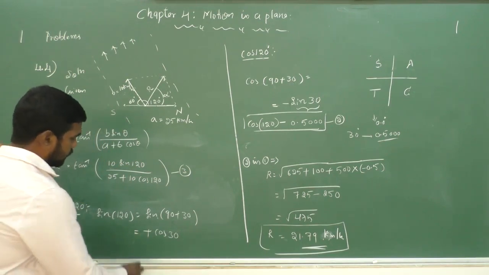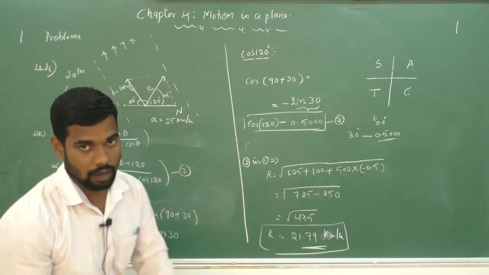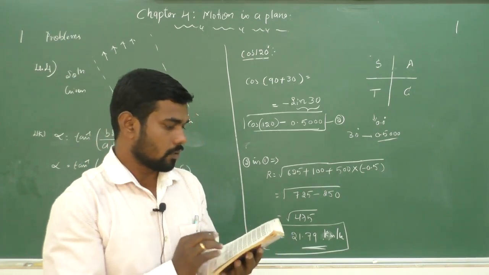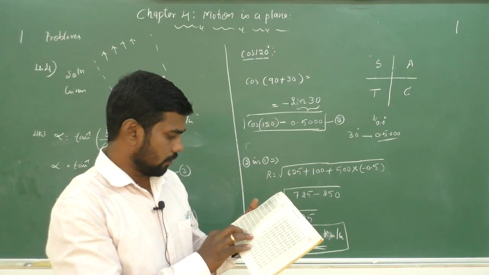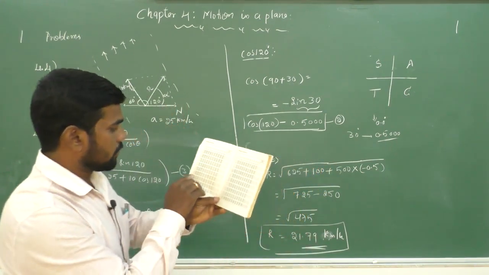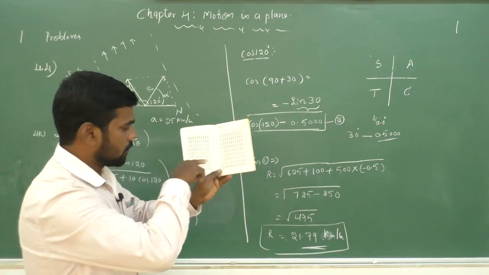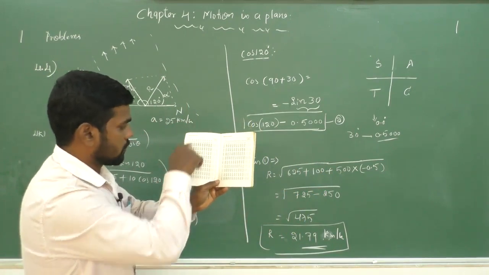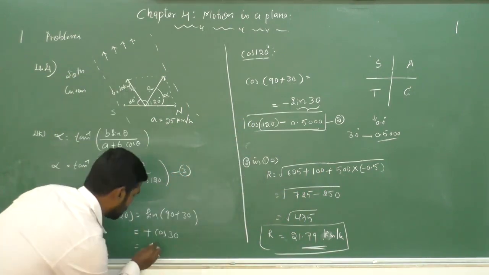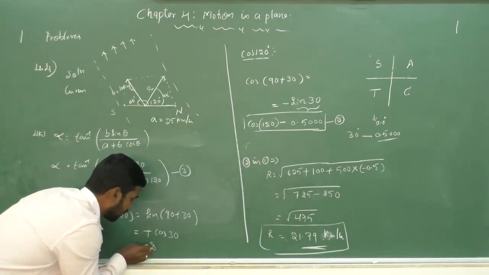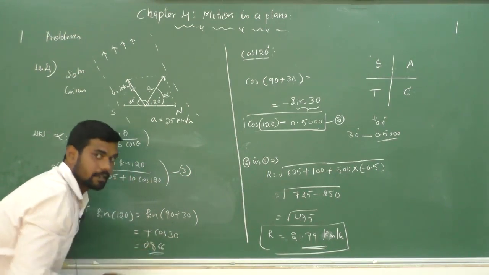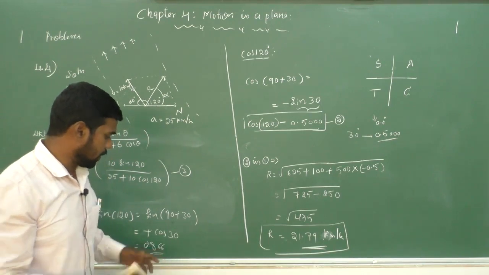So what is the value of cos 30? That we have to find out from the log book, natural cosines, cos 30 value. That is 30 degree horizontal, this one row in first column. First column, how much is it? 0.8660. Its value will be 0.8660.